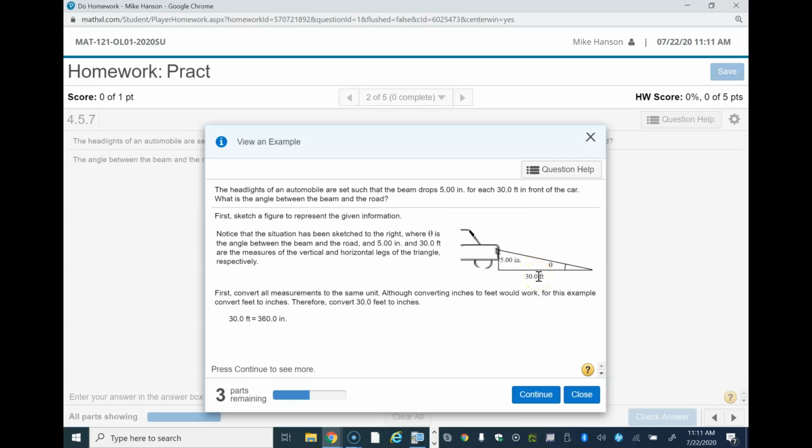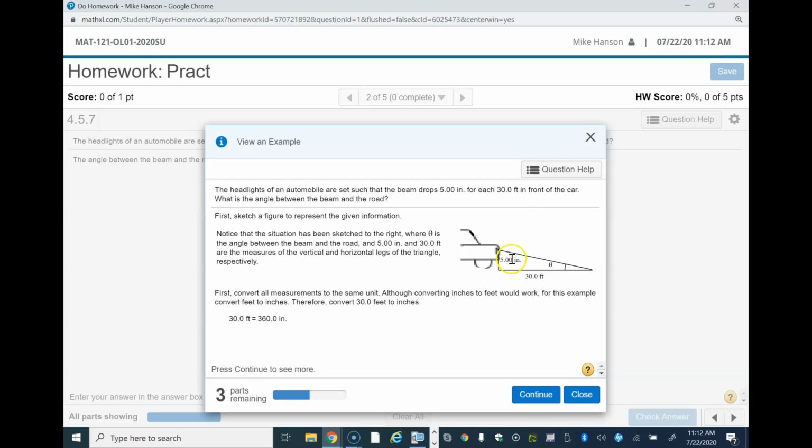The best way to figure out which one is to look at the information we're given. If this is the angle we're trying to discuss, the two things we have are the opposite and the adjacent down here. We don't have anything to do with the hypotenuse.